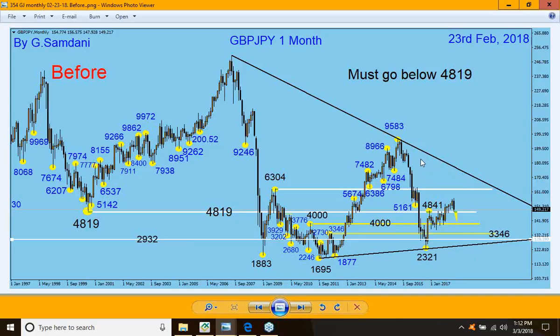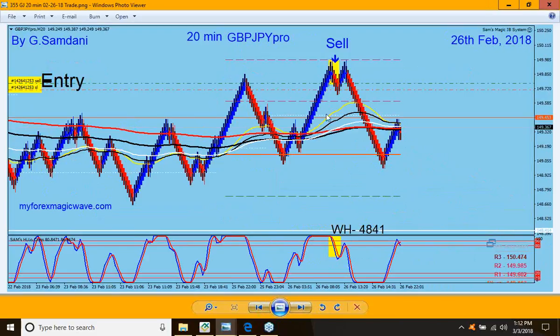That's the target. That's what we know about where we're going. Sai, I hope you understand that. I said if we break 48.19, we're going to drop to 140, but it's not going to happen in 1 or 2 days. 800 pip, right? It's going to take a few days, some time. So what really happened? I took a 26 Feb short based on this chart.